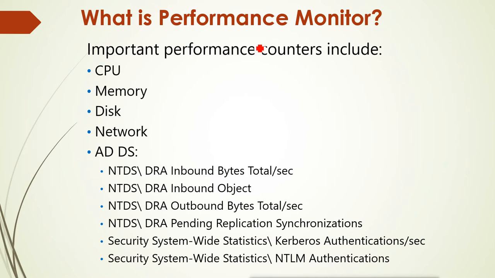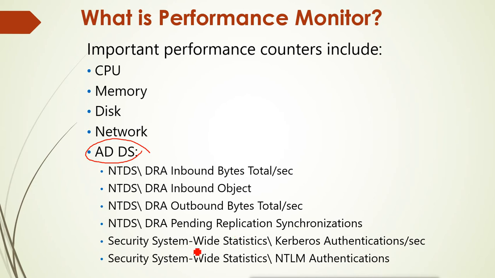So what is Performance Monitor? It has important performance counters like CPU, memory, disk, and network. If we have Active Directory Domain Services installed on the server, we can monitor important Active Directory resources like DRA inbound bytes, directory services inbound and outbound objects, outbound bytes per second, and pending replication synchronization.